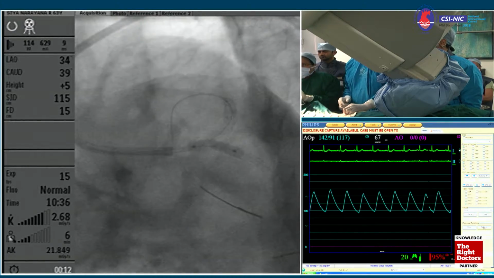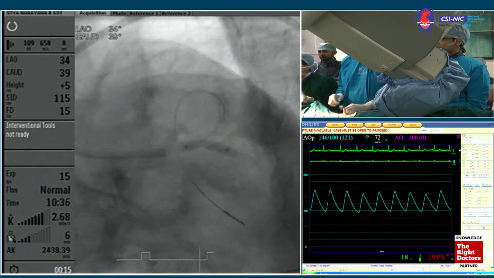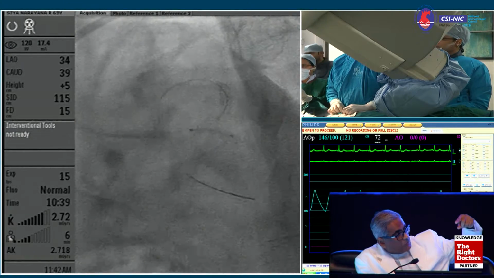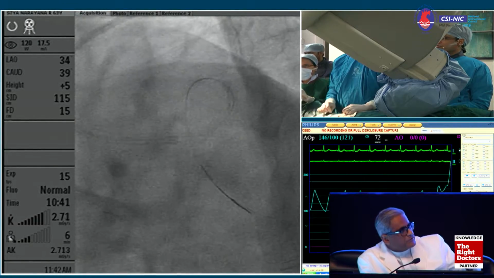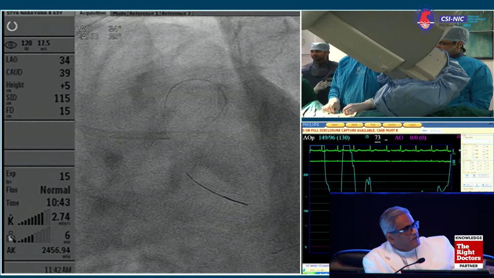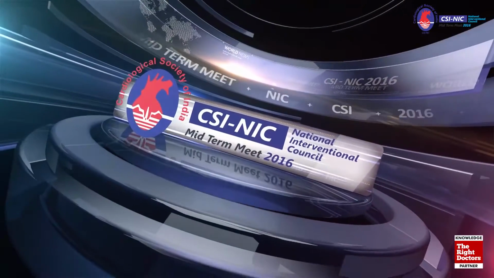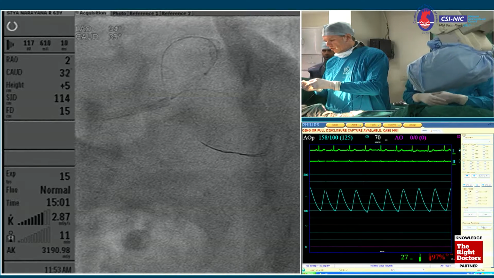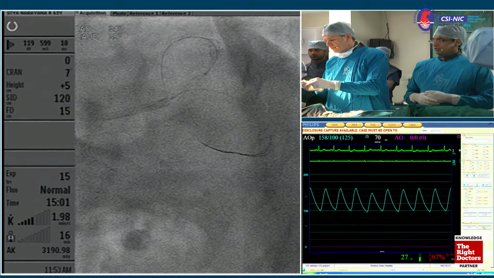I think there's a great paper published in European Heart Journal by Dr. Fajadet's team, and they have shown that if you just do a circumflex and with angulation, the long-term outcome is not good. The chances of having MACE, in-stent restenosis is phenomenally high as compared to if you just leave LAD completely unattended.